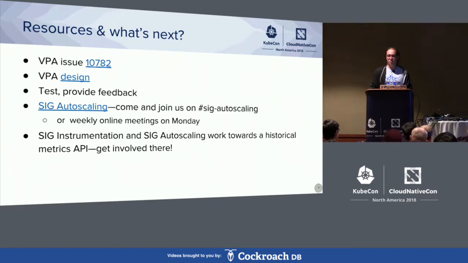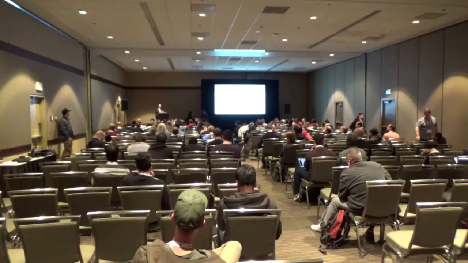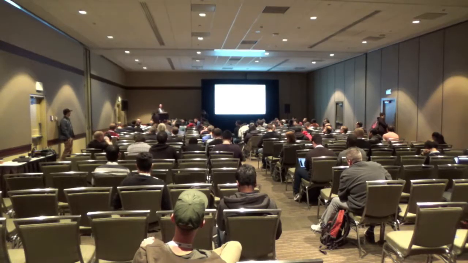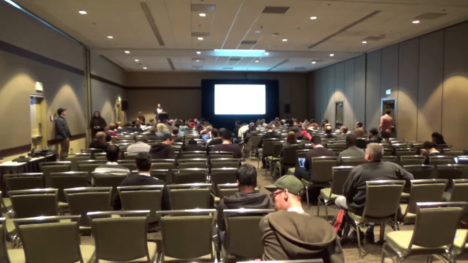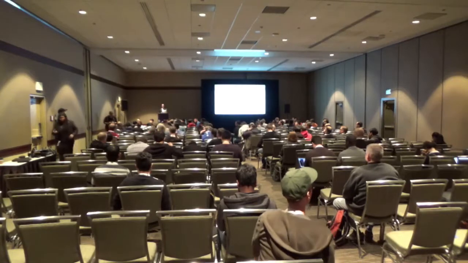Are any of the VPA folks in the audience right now? Basically, it stores the histogram of your usage for the last 8 days and takes a very high percentage of that. So most don't have any machine learning yet.